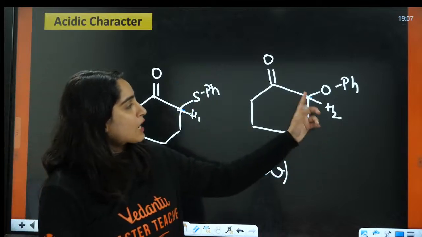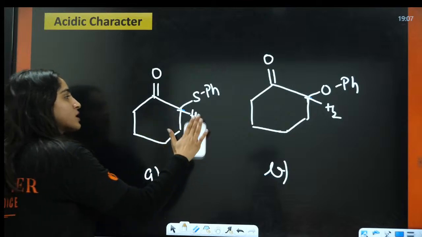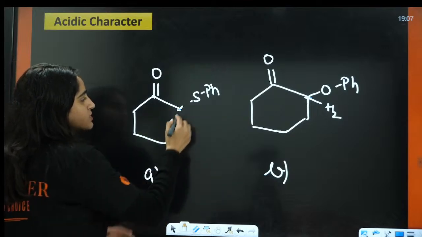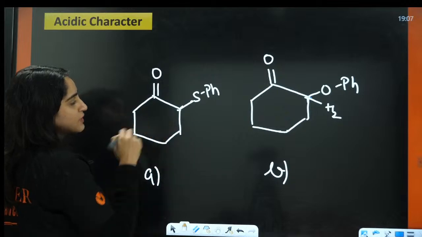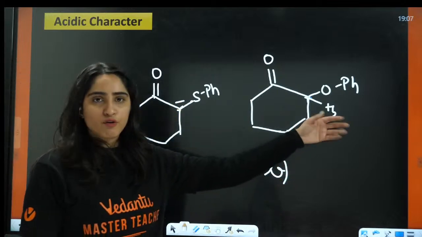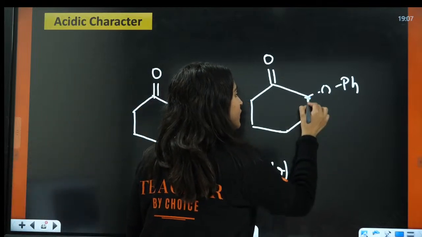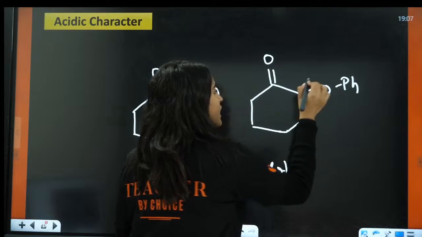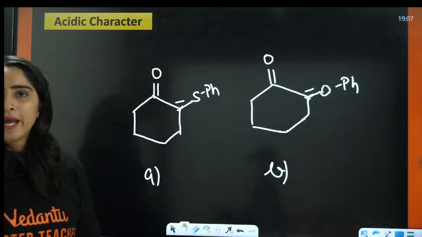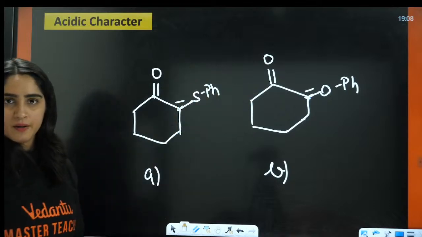This is attached to a carbon which is further attached to an oxygen. If this structure gives away this hydrogen, there will be a negative charge here. One negative charge will be here, and H positive will be lost, right?